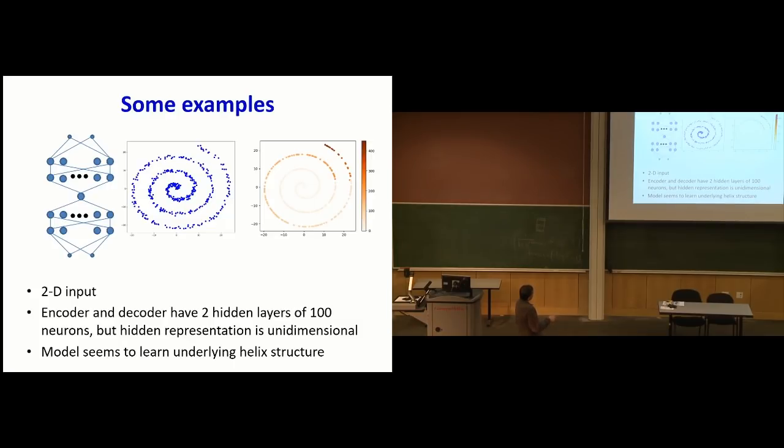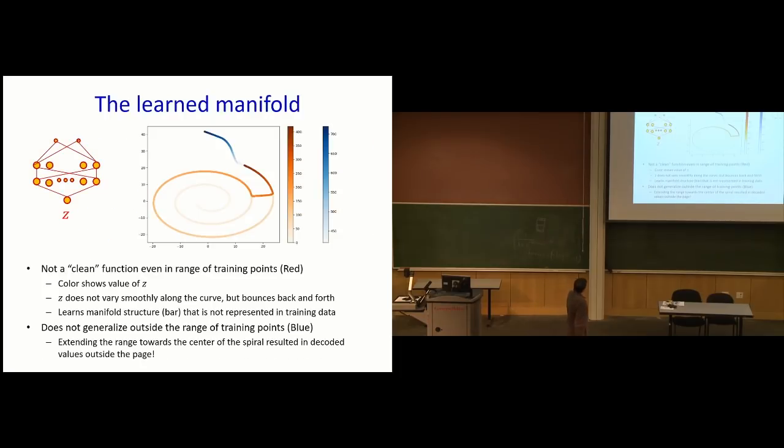Here, each training data point gives you a specific z value. So here are the reconstructed values for all of the training data for this spiral, and you can see that it actually learns the underlying spiral. It learns the structure of the data, right? Now, does this generalize? That's a different question. We'll deal with this question in a few more classes when we speak of variational autoencoders.